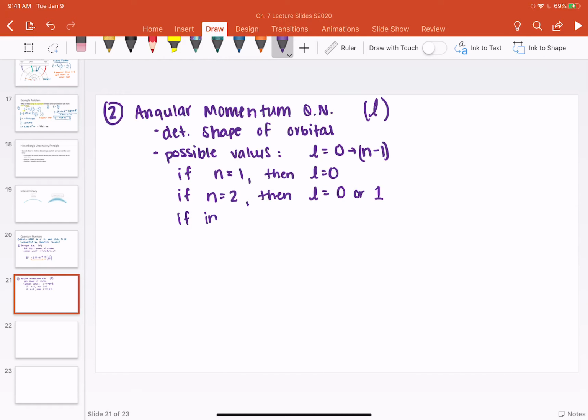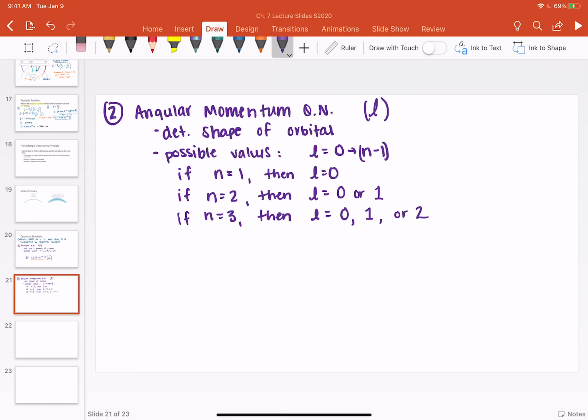And if n equals 3, then L could equal 0, 1, or 2. So L could be 0, and it could be any number up to n minus 1.